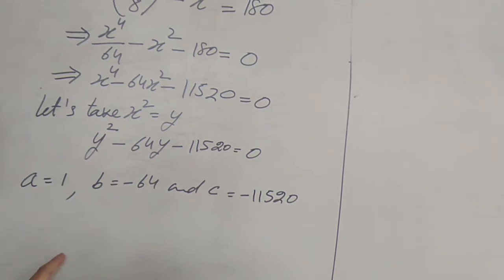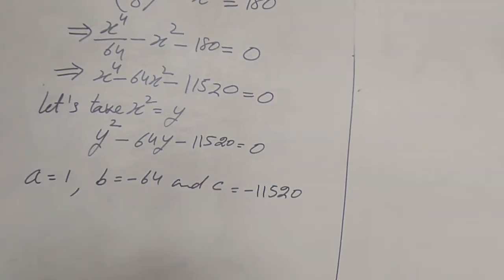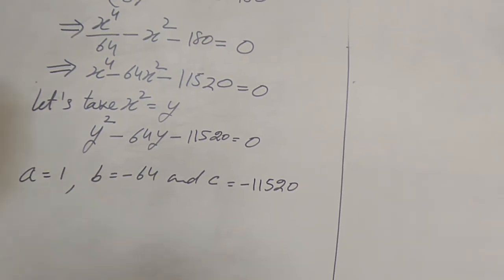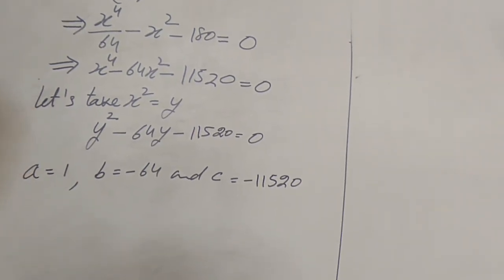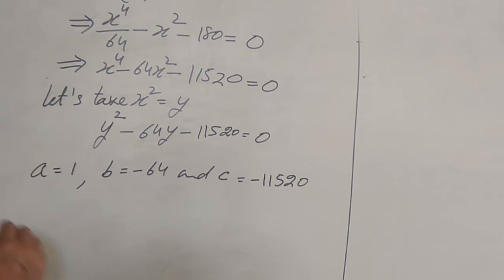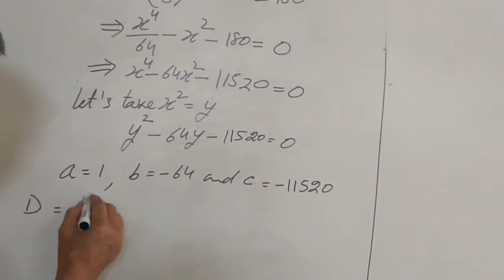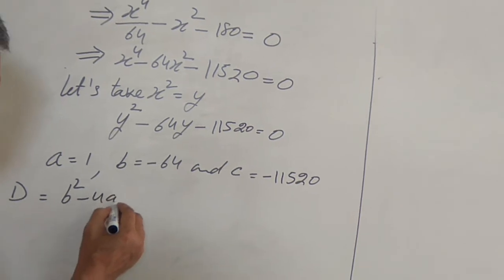We are solving it by the quadratic formula this time. We will have to find out b square minus 4ac, the discriminant.